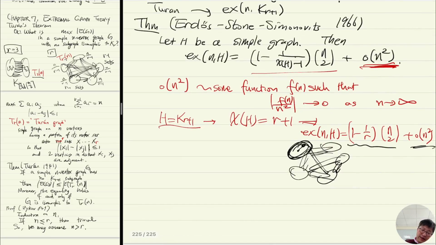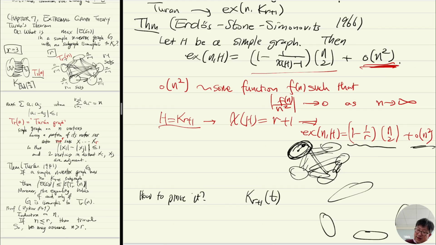Now, how do we prove that? To prove it, we will talk about some generic graph. Let me define K_{r+1}(t), same as in Turán's theorem.